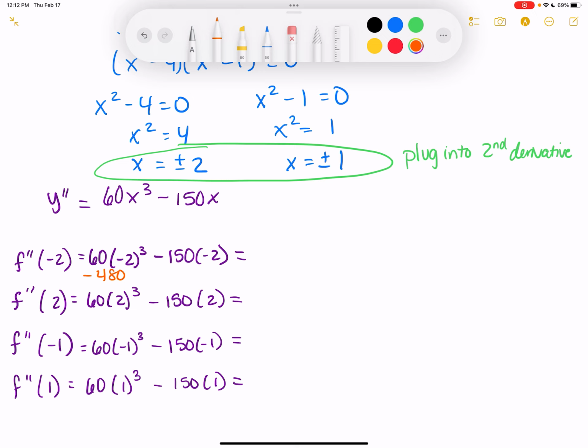And then -150 times -2 is going to be positive 300. So then this one, -480 plus 300 gives me -180. For the second one, 2 cubed is 8 times 60 is just going to be positive 480 this time. Then minus 150 times 2 is going to be minus 300. So this one is going to be positive 180.